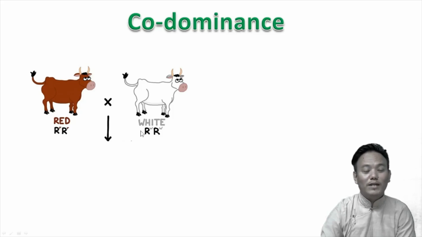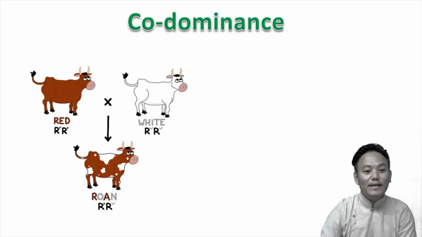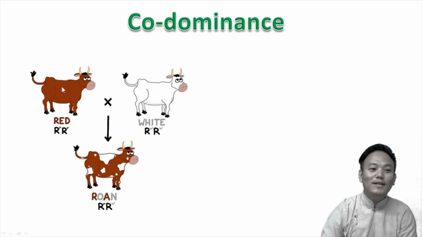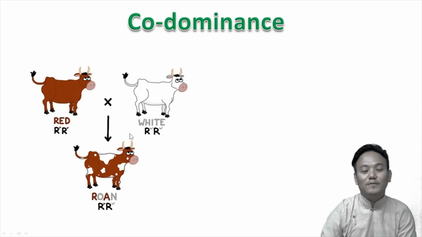Both are homozygous for their traits, and we see that in the F1 generation we get an individual which resembles both the parents. In this individual we see red coat coloration as well as white coat coloration. So in that regard, this individual is resembling both its parents.